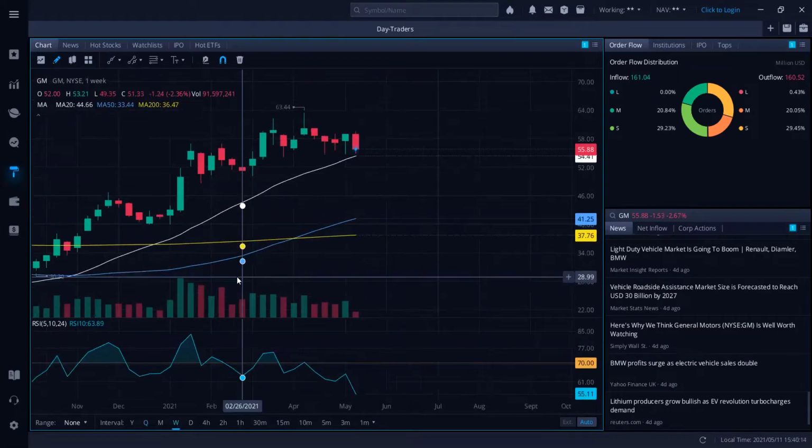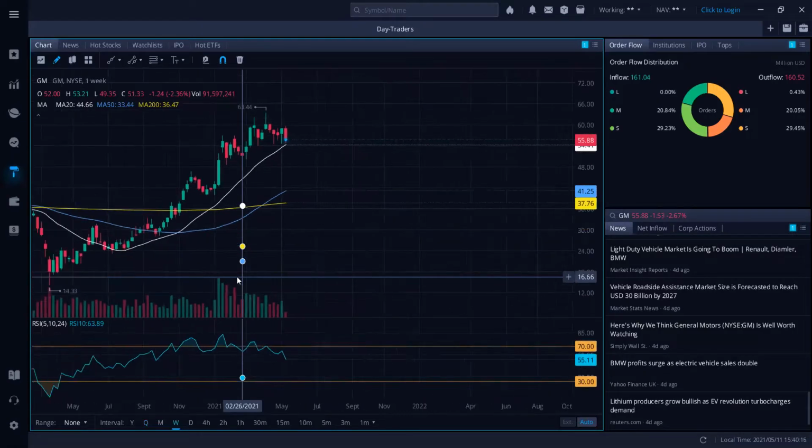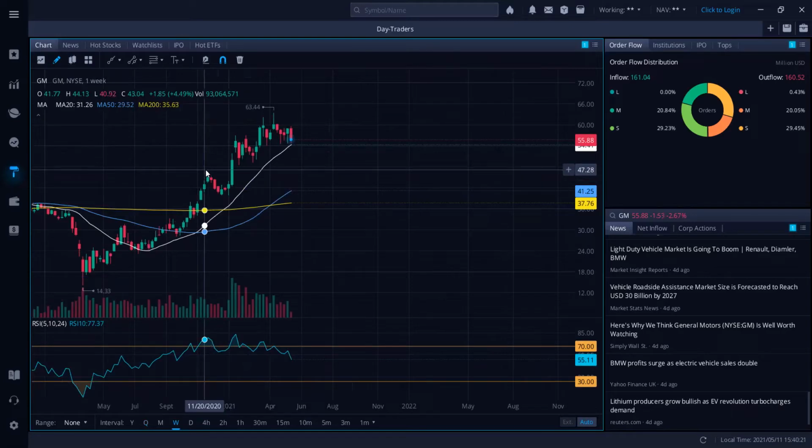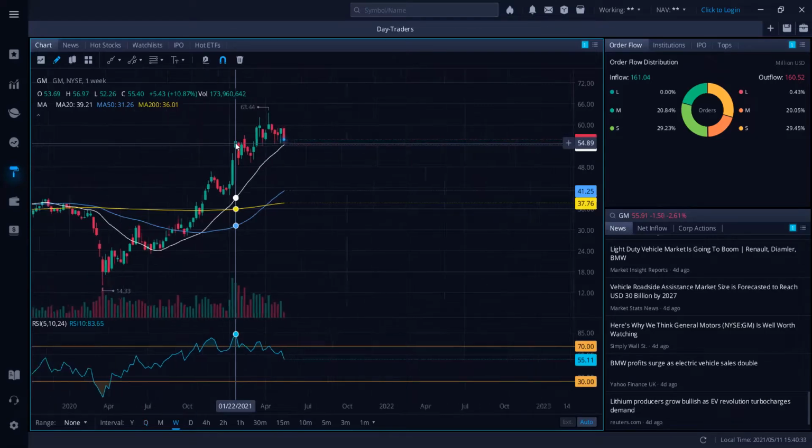And so what I like to do is find key points where I can set up my support and resistance and make sure that I'm doing the best job in that area.